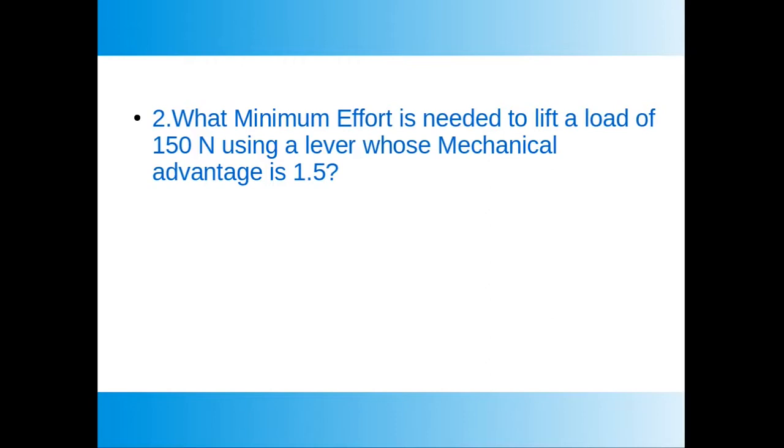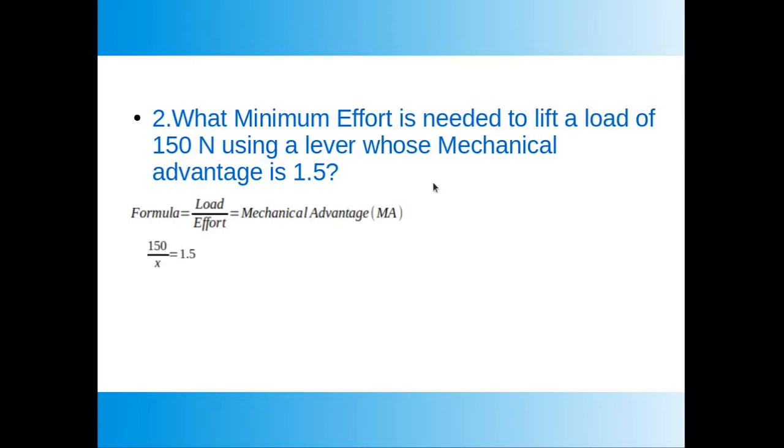They have given the load and the mechanical advantage, which you can also call MA in short form. You need to know the formula first: load divided by effort equals mechanical advantage, or MA.